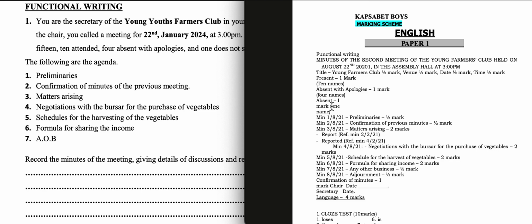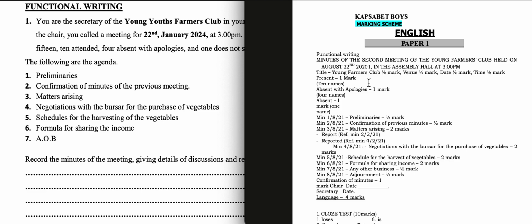Then you know that you are going to outline them. You write their names. You start with Mrs., Mr. or Dr. And when you mention their names, you give 10 names, and you make sure you give them the office they hold.